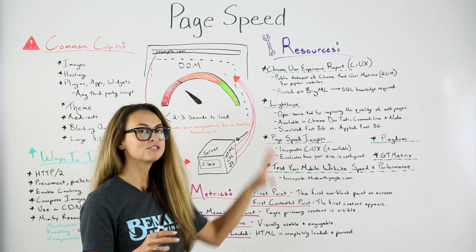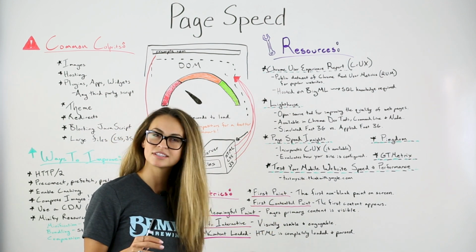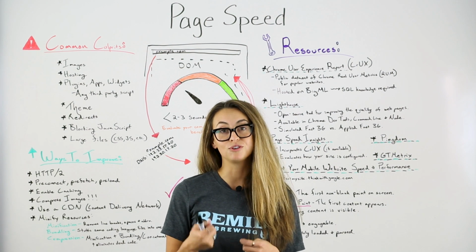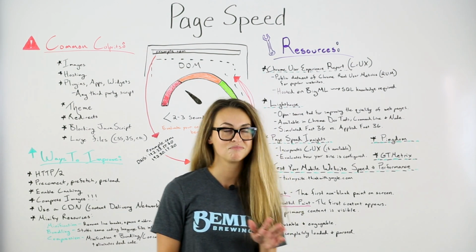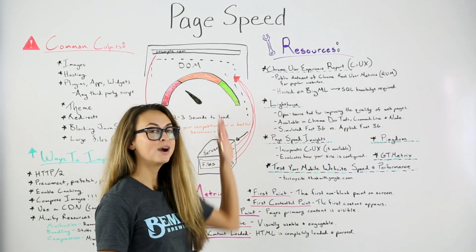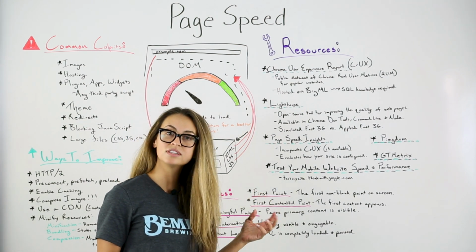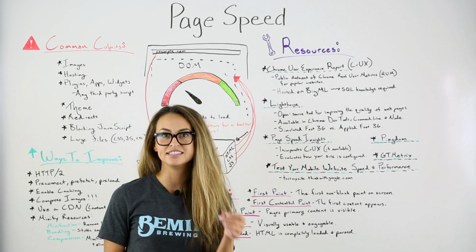So we're going to go over some resources, some of the metrics and what they mean, and then what are some of the ways that you can improve your page speed today, right? So the primary resources I have listed here are Google tools and Google suggested insights.